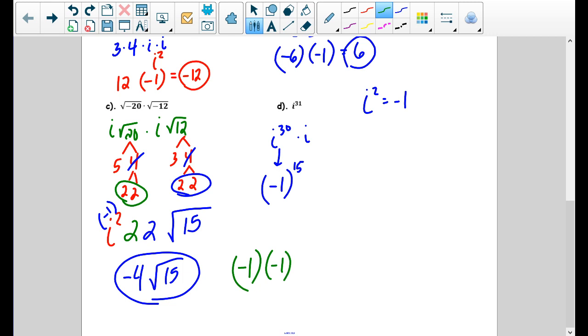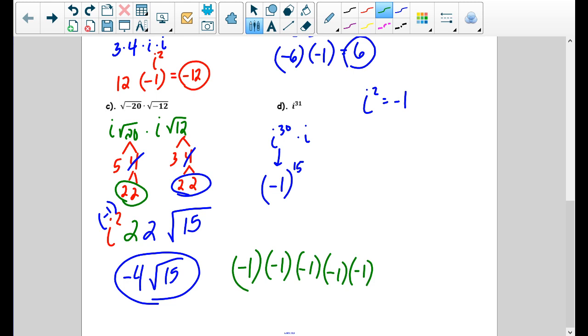Positive 1. Times a negative 1 gives me a negative 1. So 3 of them give me negative. 4 of them would give me positive. 5 of them would give me negative, right? So an even number, 2, 4, gives me positives, right? An odd number gives me negatives.